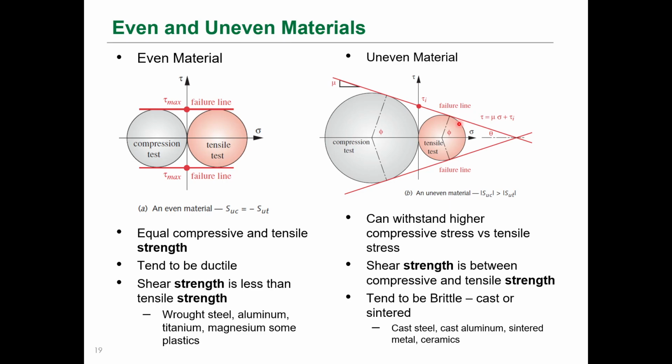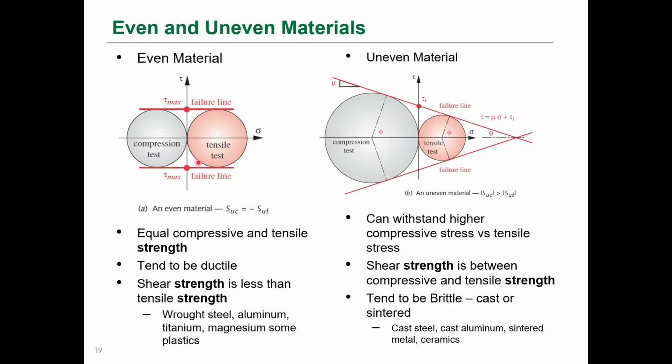So if you basically take your tensile test failure stress, and then you take your compression test failure stress, and you draw your circles for those stress conditions at failure for your tensile and your compressive tests, and then you just connect the failure lines here and here. This defines a failure envelope.